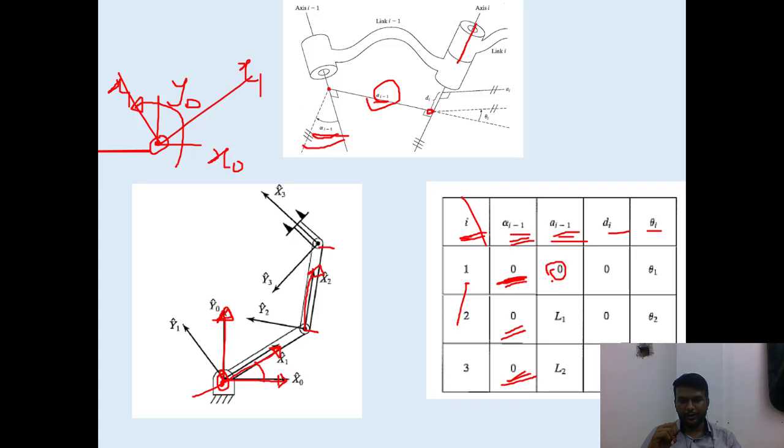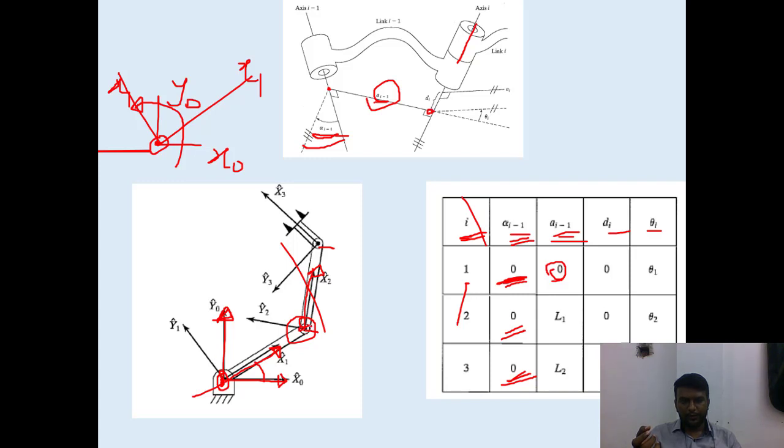Let us talk about a i minus 1. In this case, a i minus 1 for the first one, when i is equal to 1, is 0. When you move to the second point, there is a length here.